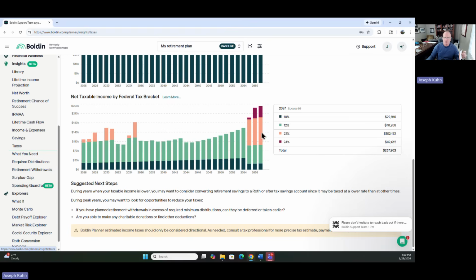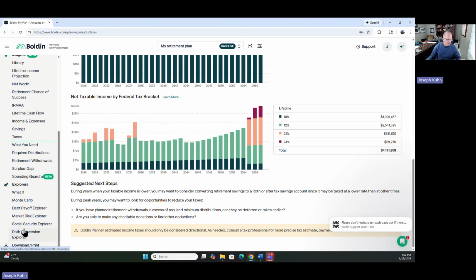I have my spouse living 3 years longer than me, and you can see there's the widow's tax trap. They're paying taxes as a single, not getting as much Social Security coming in. And I have a pension in this example, and that pension goes to zero. So this is looking at the tax opportunity.